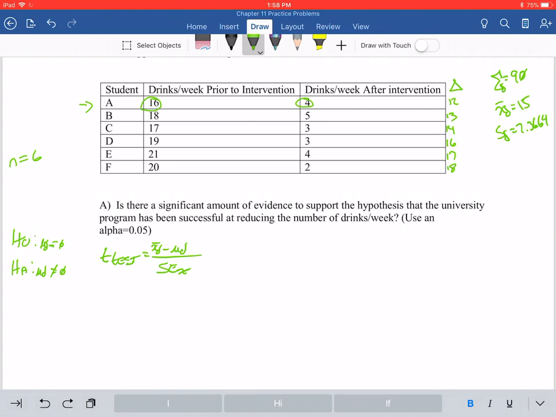Having this information, we can then plug it into our formula and find out if their intervention was successful in reducing the amount of drinks that the students had. When we place it in, we get 15 minus 0, so our mu delta, divided by 2.3664 over the square root of 6, which is going to equal 15 over 0.9661. Kind of a really bad 15, huh?